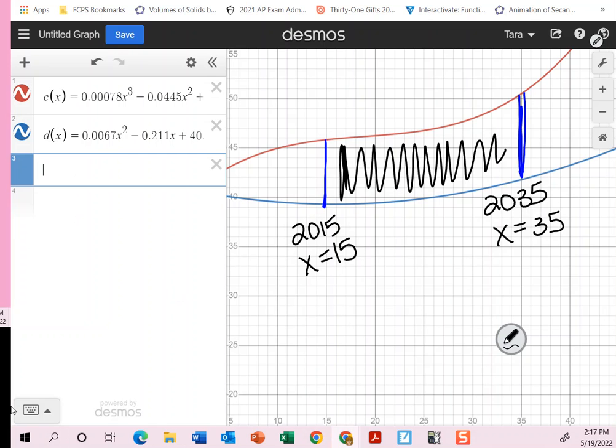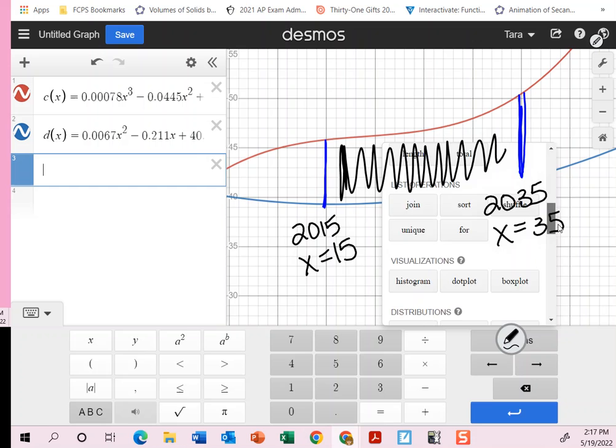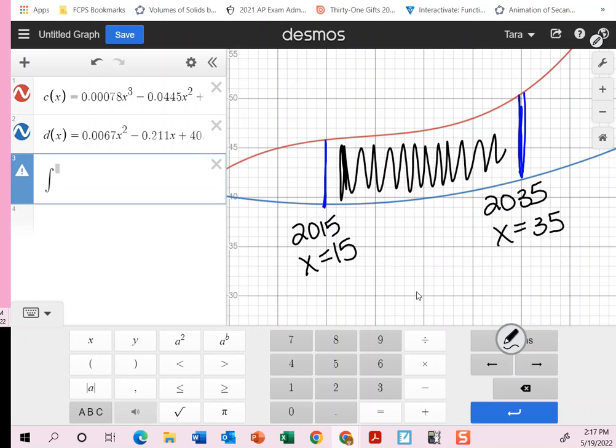So I'm going to absolutely take advantage of what I've got sitting here. Throw my integral in, 15, 35. C of x is the top one minus d of x.